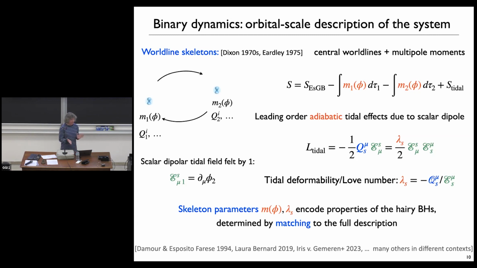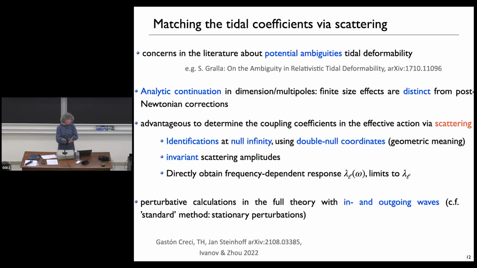And this now gives us a description on the orbital scale, but it is still dependent on some parameters like the masses and this tidal deformability parameter lambda s, which at this stage are just coupling coefficients in this effective theory. So now the key is, how do we connect this to the fundamental properties of the black holes and scalar condensates? And this is a bit of a subtle issue because we're dealing with nonlinear gravitational effects, and of course here also scalar effects.